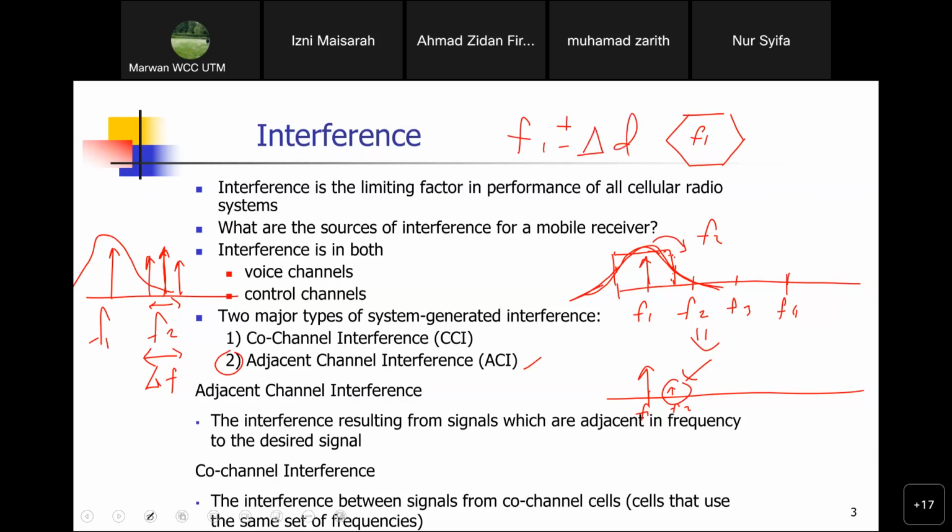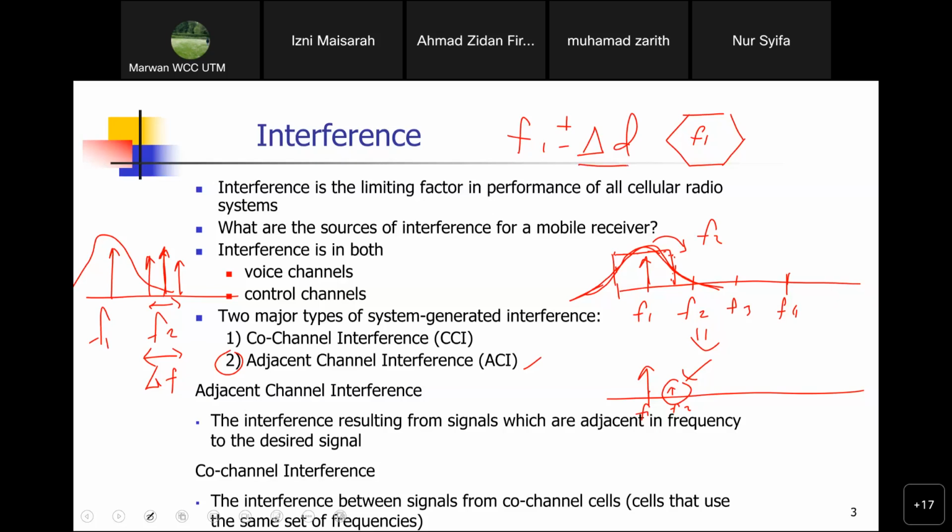Okay, remember that Doppler effect, when a signal touches a moving environment, the reflected one will change in frequency. Okay, so your delta D depends on how fast the movements of the object are, and also the angle at which your signal hits the object.